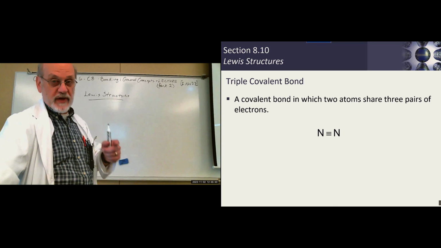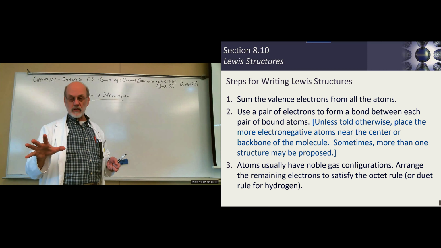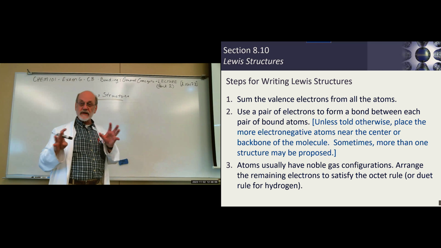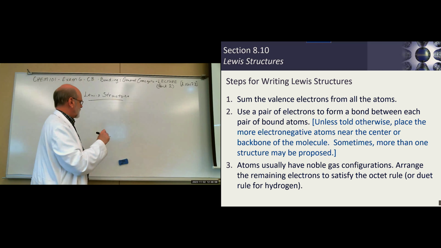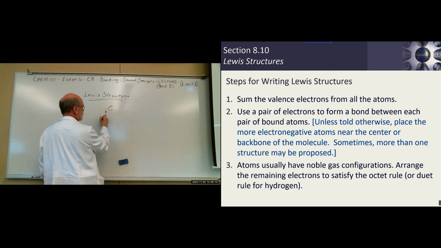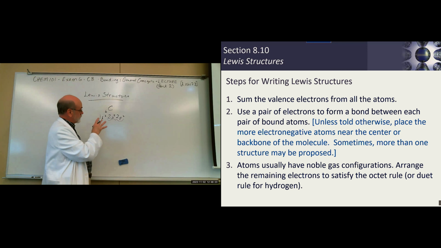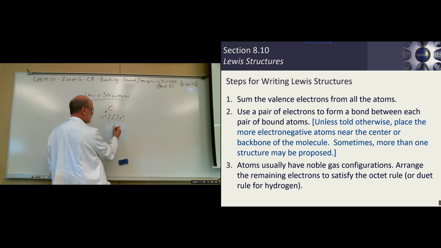Now, we're going to write Lewis dot structures for several atoms. And these are the steps that you take to write the Lewis structure. Actually, this is the Lewis structure instruction for molecules. If we write a Lewis structure for individual atoms, let's do that first. So carbon has 6, so it has 1s2, 2s2, 2p2. We're only interested in those 4 electrons. So to write a Lewis structure for carbon, we say that 1, 2, 3, 4. 2 plus 2 is 4.